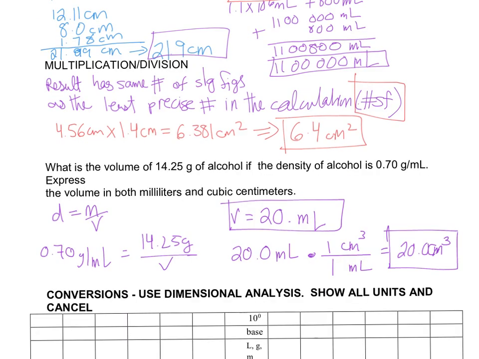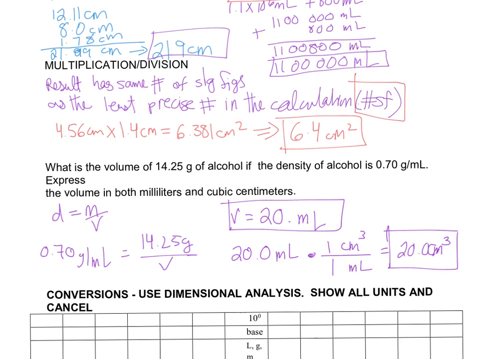A little note about sig figs on the AP exam. So obviously on my test I'm going to be strict, and my homework I'm going to be strict with sig figs just like we were last year. But on the AP exam, on most questions, they will accept plus or minus 1 sig fig. And there's a little box on the previous page that talks about that. So for example, let's say your answer should be 3 sig figs.